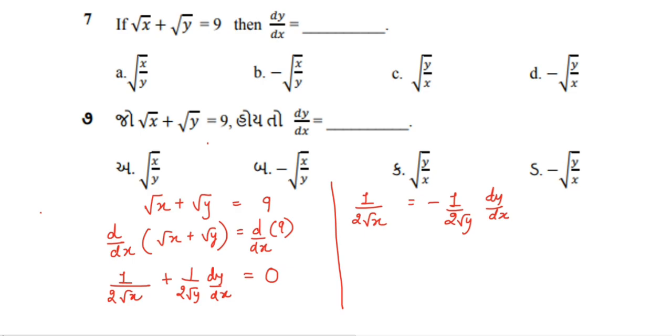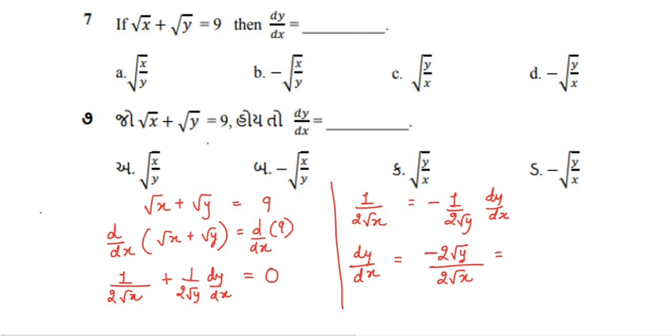Let me cross multiply this one. I will take the negative sign here. I have to find the value of dy by dx, so it will be 2 root of y upon 2 root of x, and the negative sign is also transferred here.